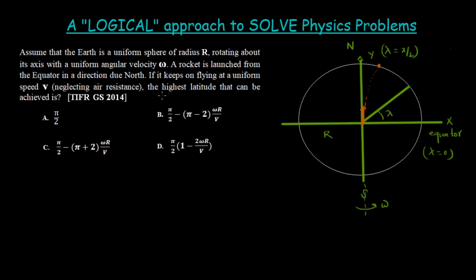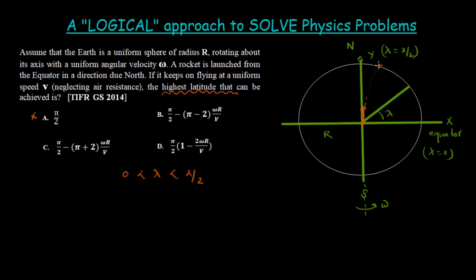Thus we can say that the maximum latitude it can achieve is between 0 and pi by 2. It is not equal to pi by 2, that is for sure, because of the rotation. So this is not the correct option, because of the Coriolis force or non-inertial forces, the projectile won't go exactly to the north pole because of the rotation of the Earth.